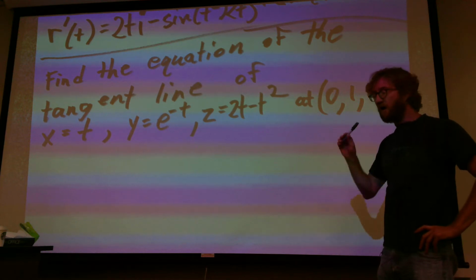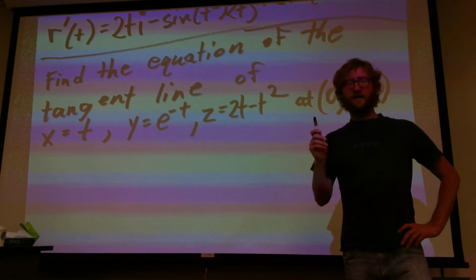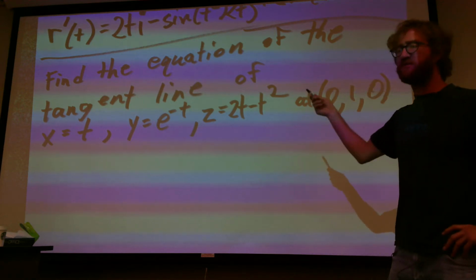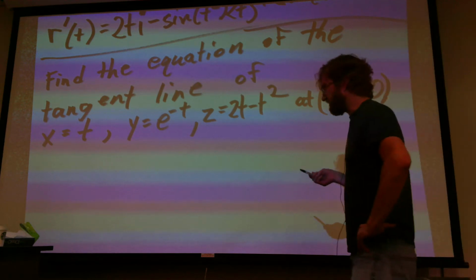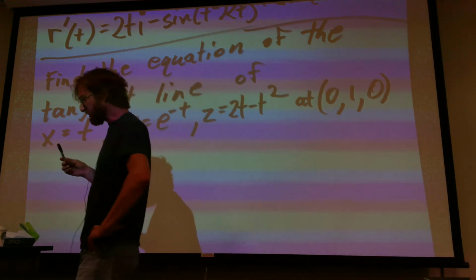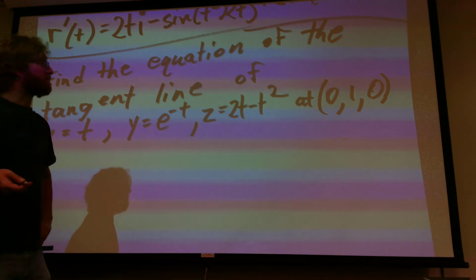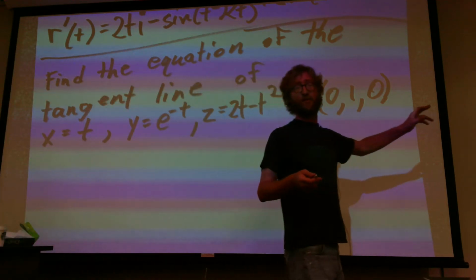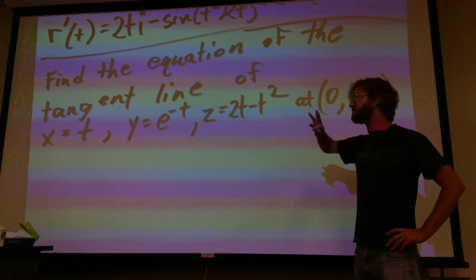But to find a vector that is parallel to the derivative at this point, the first question you need to ask yourself is what t-value is represented by this point in space. We have a parametric equation describing a point in space.